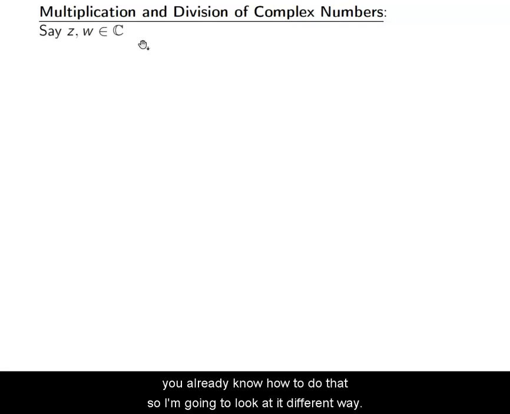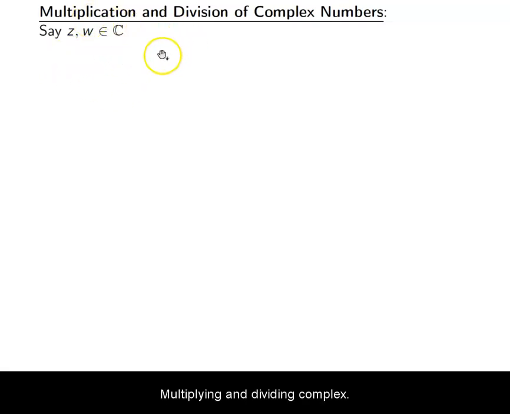Okay, so I'm not really going to go over making the denominator real when we try to divide, or that multiplication is the double distribution that we do, or the multiplication of binomials. I mean, because we already know how to do that. Okay, so we're going to look at a different way of multiplying and dividing complex values.